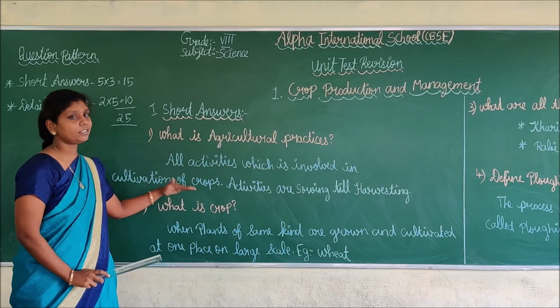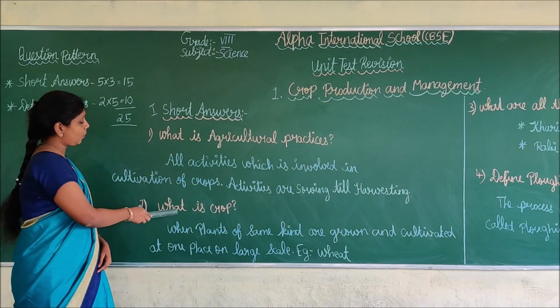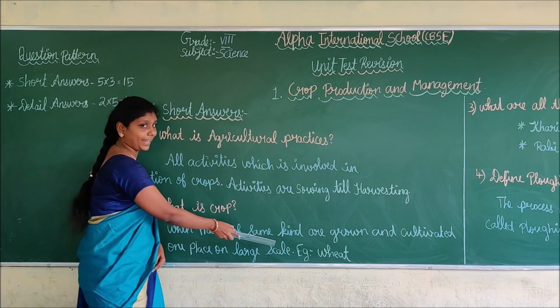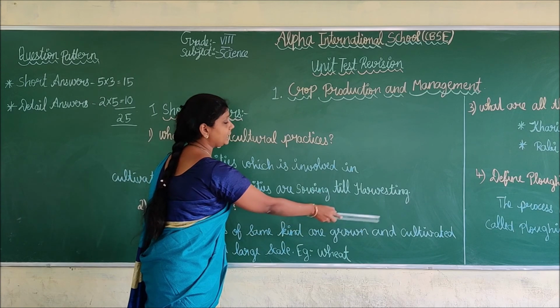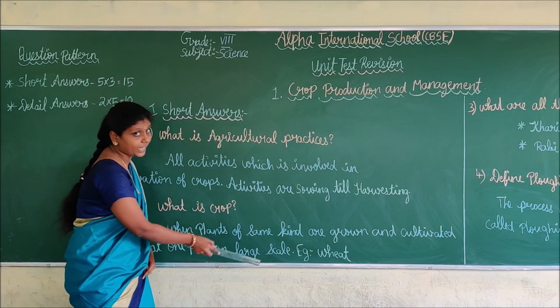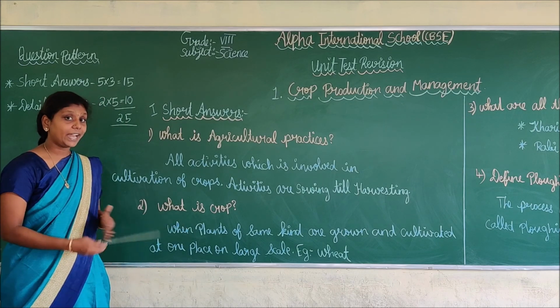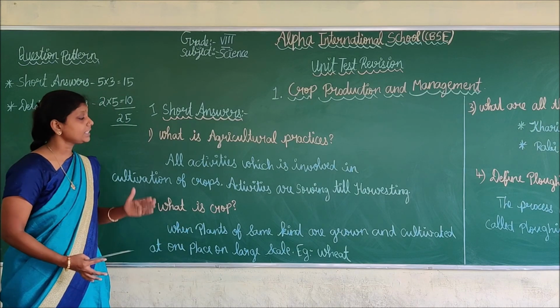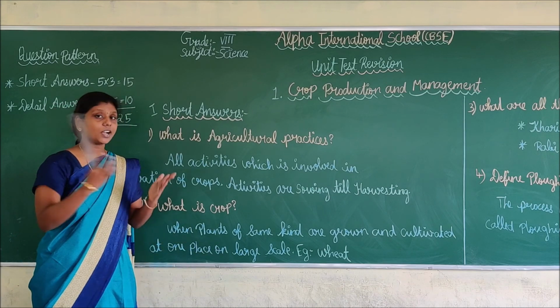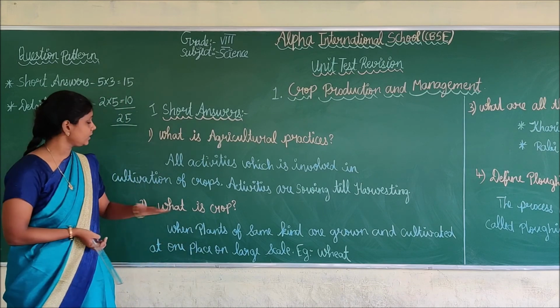Do you understand? Okay. Next, what is a crop? When plants of the same kind are grown and cultivated at one place on a large scale, that is called a crop.